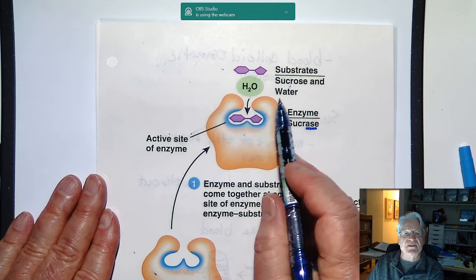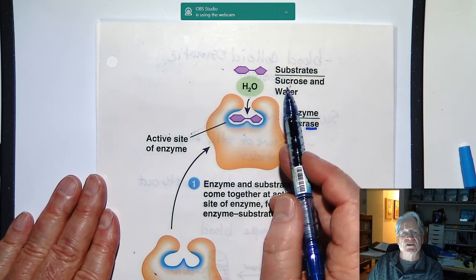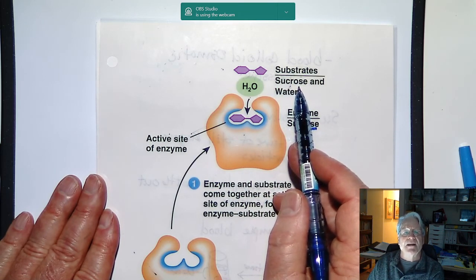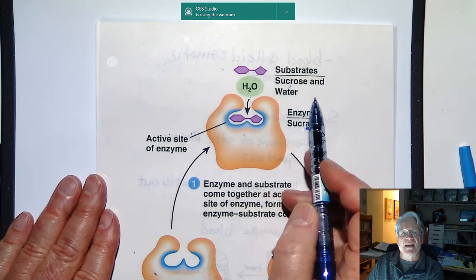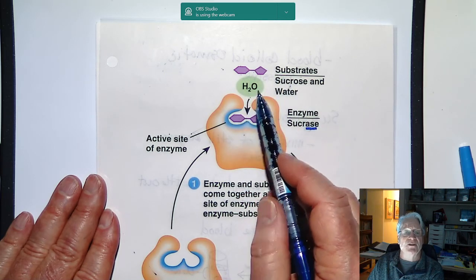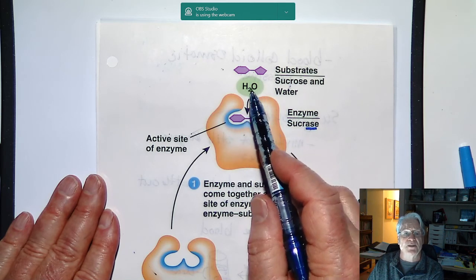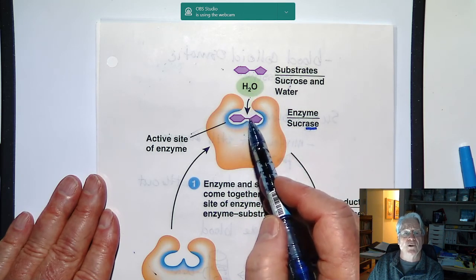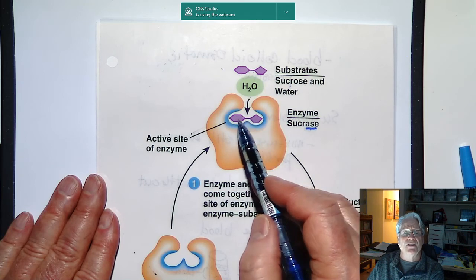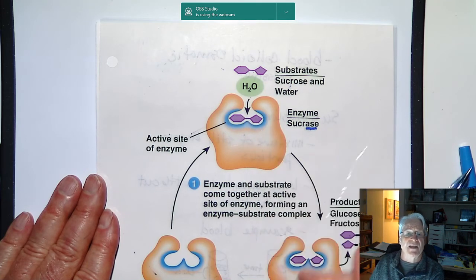And what's going to happen is the substrates, which notice are both sucrose, that's a disaccharide, and water. And remember that what we're going to do is a hydrolysis reaction here, because we're going to split that water apart and we're going to create two simple sugars from that disaccharide.